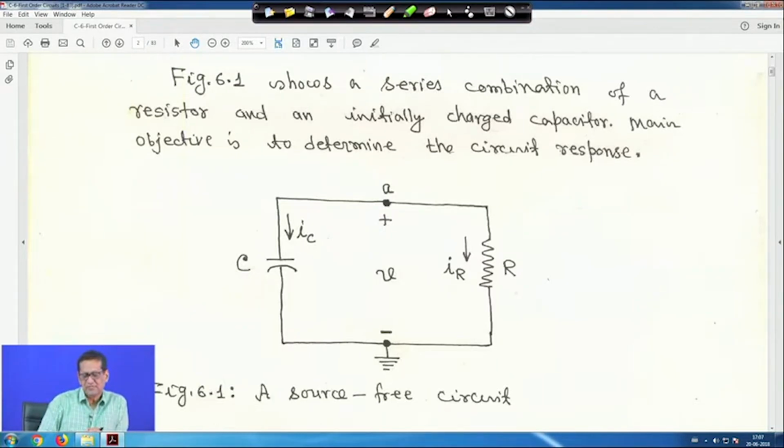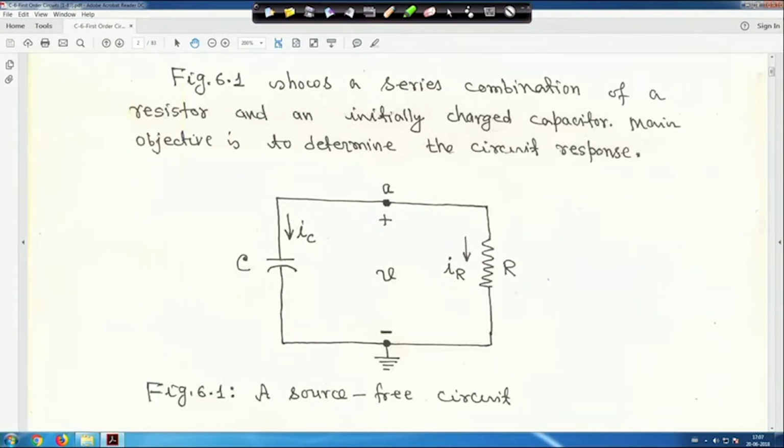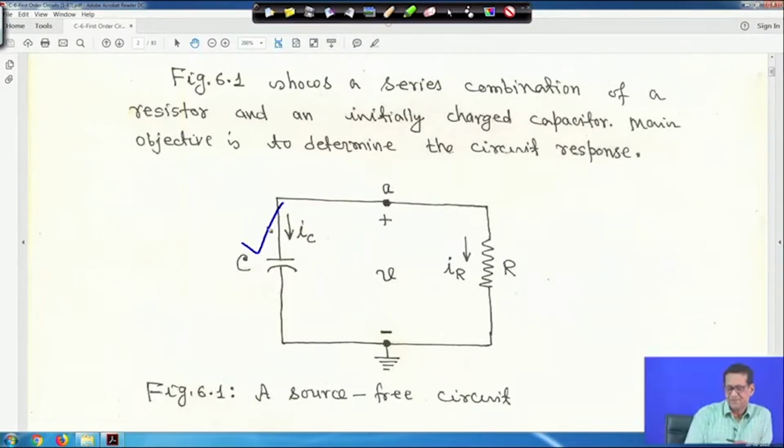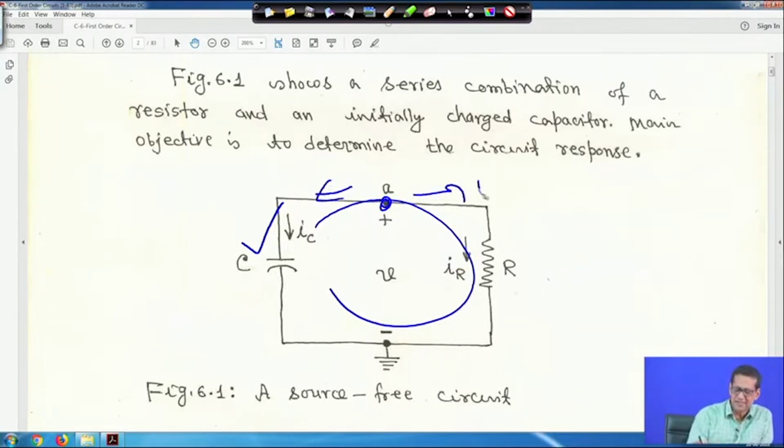The main objective is to examine the circuit response. In this case the capacitor was initially charged and one resistor is there. If you apply KCL at this point, with IC going this way and IR going this way, both leaving, then IC plus IR equals 0, right.